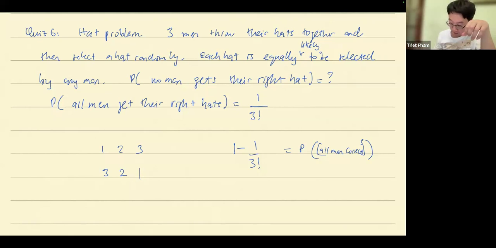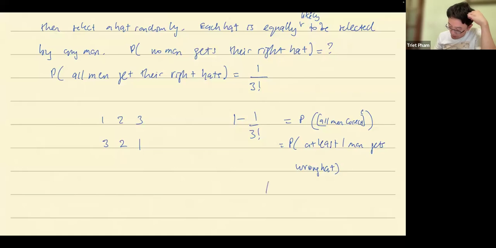No, right? This is equal to the probability that at least one man gets the wrong hat. But that's not the same as the probability of all men getting the wrong hat. Do you understand? So it's not 1 minus 1 over 3 factorial.